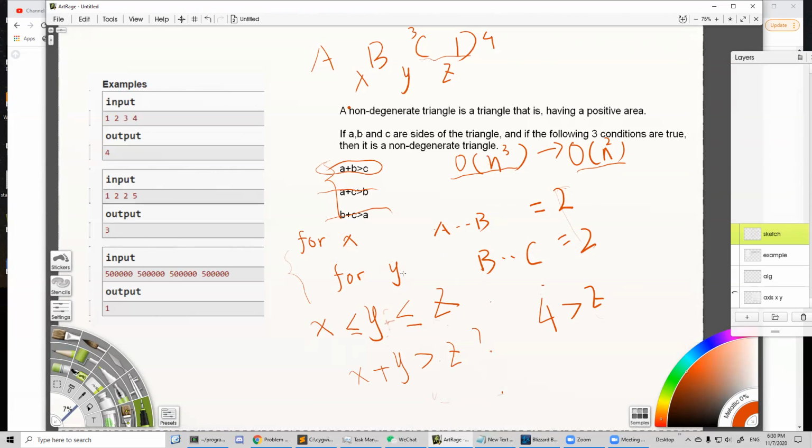So the thing we did here is we iterate all the possibilities of x and y, right? In fact, we can only iterate through the possibilities of x plus y, right? So what does that mean?